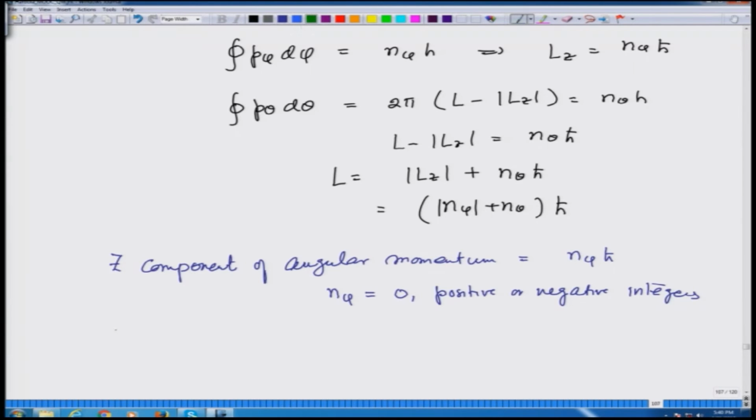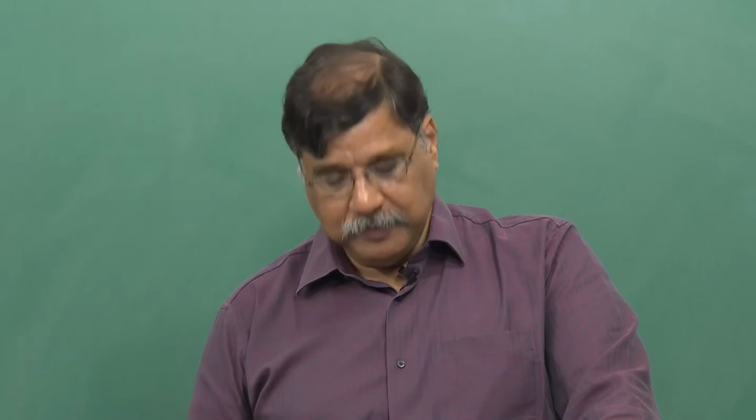L, which is the magnitude of angular momentum, is going to be equal to n theta plus modulus n phi times h cross, and you can see that n theta should take values of 1, 2 and so on, so that even if n phi is 0, there is a possibility of the angular momentum being finite.